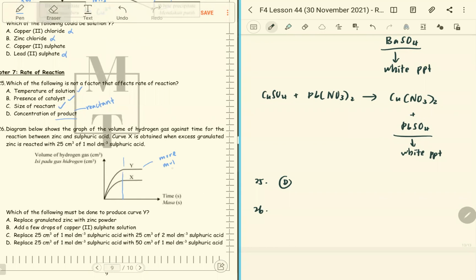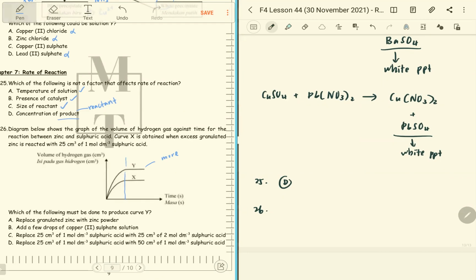So let's see what they have here. The diagram below shows a graph of the volume of hydrogen gas against time for the reaction between zinc and sulfuric acid. Curve X is obtained when excess granulated zinc is reacted with 25 cm³ of 1 mol/dm³ sulfuric acid. So which of the following must be done to produce curve Y?